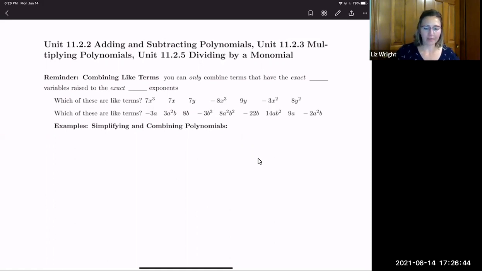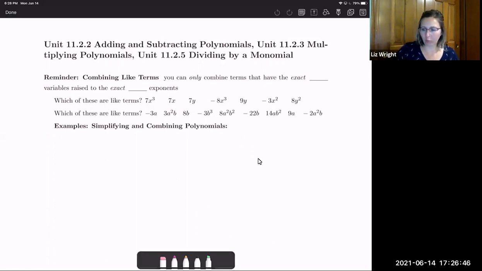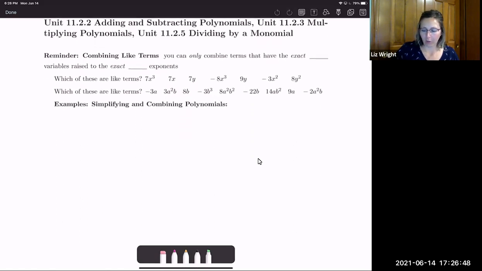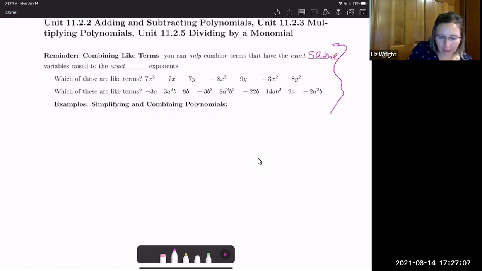So the first couple things we're going to do, right up here, we're going to go through some reminders about what makes like terms. Just a reminder, for combining like terms, you can only combine terms that have the exact same variables raised to the exact same exponents.